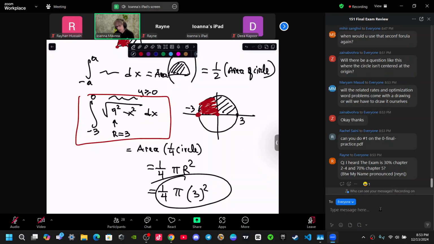I'm pretty sure that's incorrect, but I haven't checked. Let's see. This chapter is this. Nobody knows. Definitely not chapter 5.